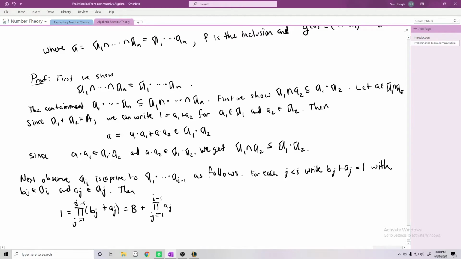So this b is the sum of all the terms, any of which contain a b sub j, and we're going to observe that this big B is necessarily in a sub i, because every product here contains a little b sub j, which is in a sub i, and this thing is an ideal.